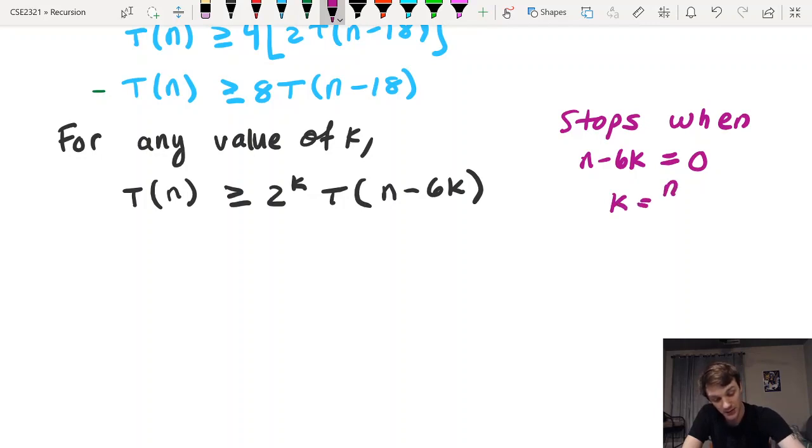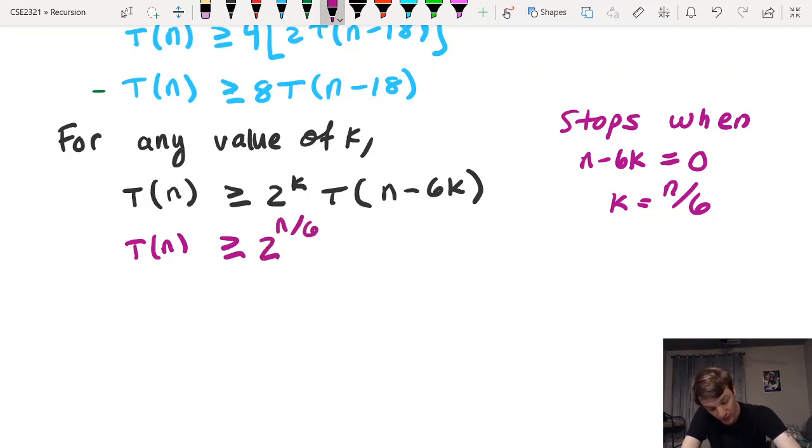We get k equals n over 6. So let's plug that in. We have T(n) greater than or equal to 2 to the n over 6 times T(0). And I know T(0) is c. So T(n) is greater than or equal to c times 2 to the n over 6.